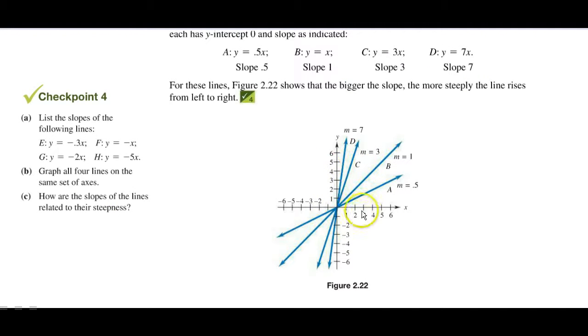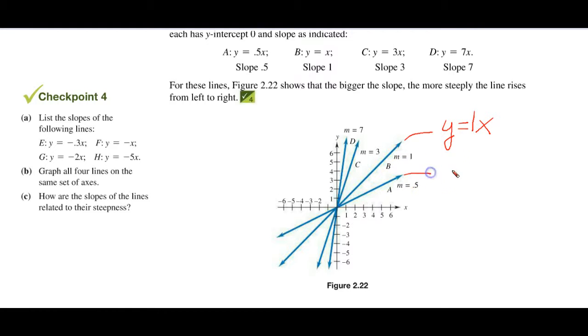I like this because they're showing you relationships of slope. Here for this one, and by the way, all the y-intercepts are 0. So for this equation, this is going to be y = x. Because what's the slope of this line? 1.